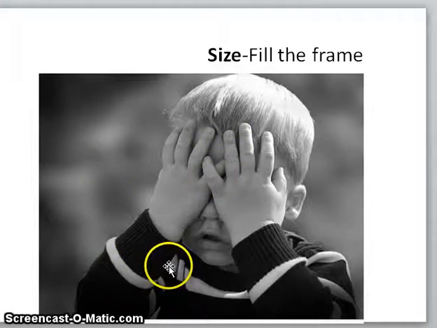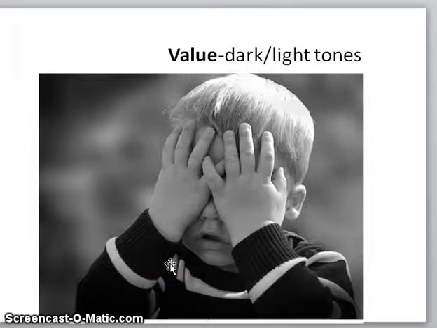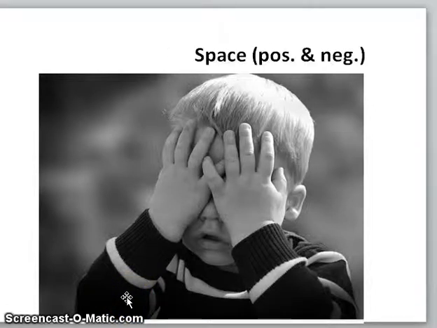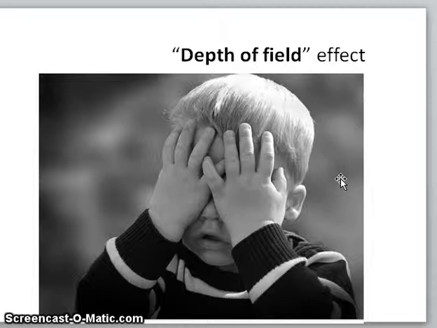We've got value going on, a contrast of dark and light tones, which helps this image as well. The darkness of the sweater versus the lightness of his hair and his hands creates a nice blend of tones, dark and light. And again, I mentioned the space, positive and negative. The negative space helps us focus on the positive space. It does not distract us.